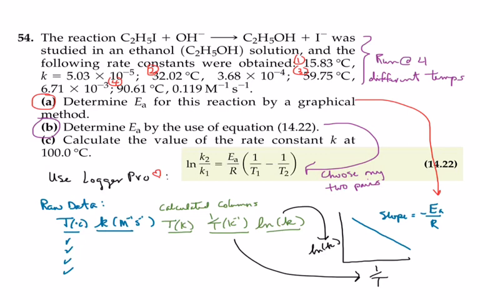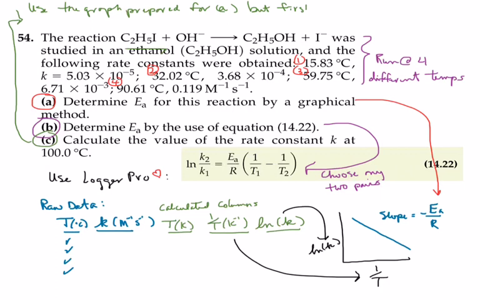And then C says calculate the value of K at 100 degrees Celsius. And my hint was to go ahead and use your graph. 100 degrees Celsius, you convert it to Kelvin, you take the inverse, you find it on your graph. Then you go over here and see where it intersects the natural log of K. Then you have to unpack the natural log.